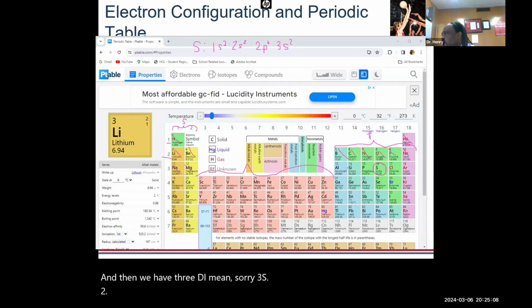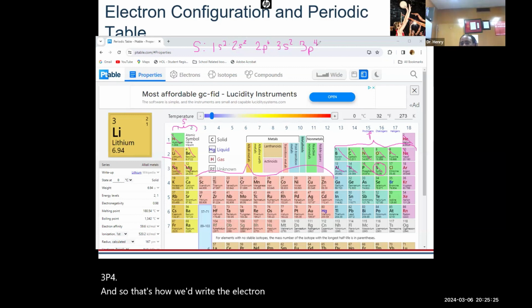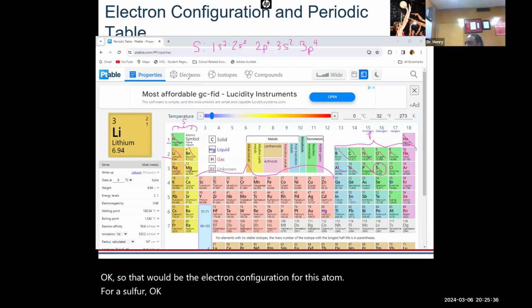And then 1, 2, 3, 4. So then 3p4. And so that's how we'd write the electron configuration. Okay, that would be the electron configuration for this atom, for sulfur. Okay, so what I want you guys to do is let's have you guys do aluminum, Al.